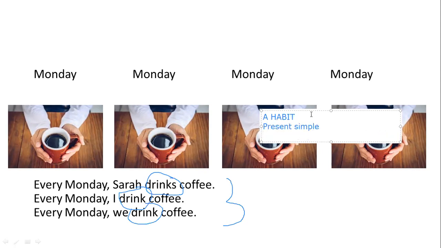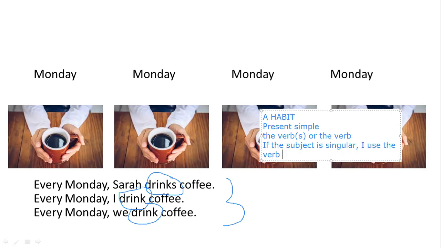The present simple can either be the verb with an S or the verb without an S. When do I use the verb with an S? If the subject is singular. I use the verb plus an S at the end. If the subject is plural, I use the verb without the S, no S.